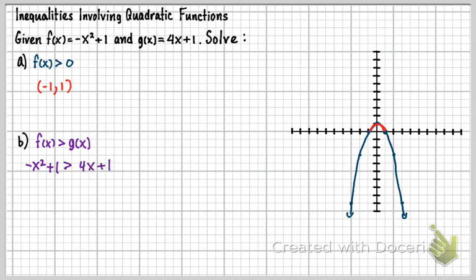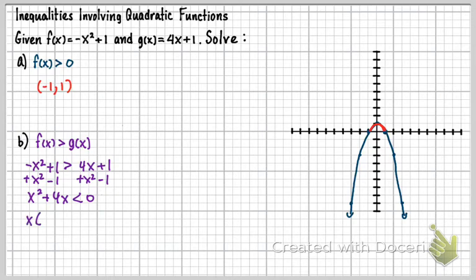Now I can just solve this, so I'm going to add x squared, subtract 1, add x squared, subtract 1. I'm doing it to the right side so I can keep my x squared positive. It makes it easier to see the factors without the negative there. That gives x squared plus 4x less than 0. Now I'm just going to factor the polynomial, and that gives me a lot of information.